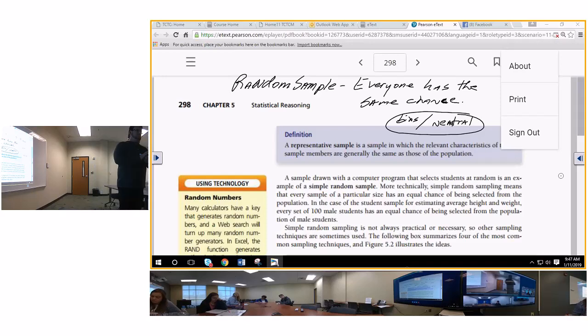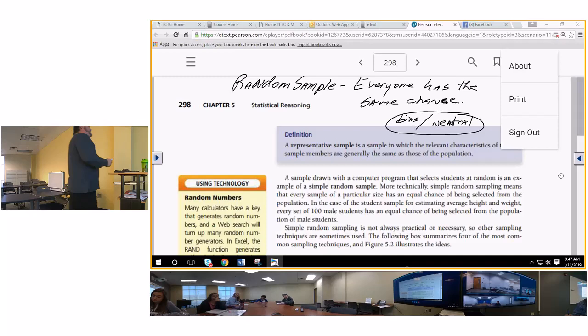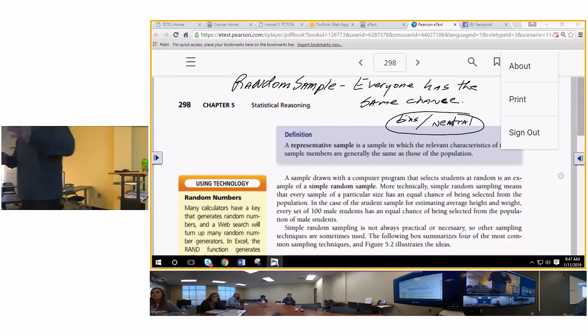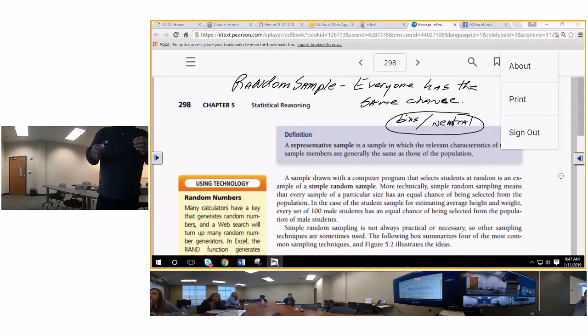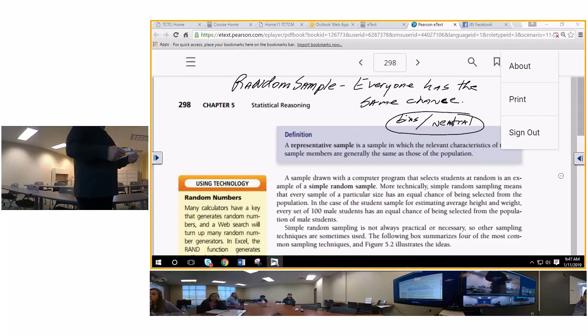Now, a lot of you say, well, what does that have to do with bias and neutral? The whole purpose of statistics and probability, or probability and statistics, is for you to be right down the middle as far as having an opinion. Okay? The best way to explain that is a referee during a ball game or an umpire.